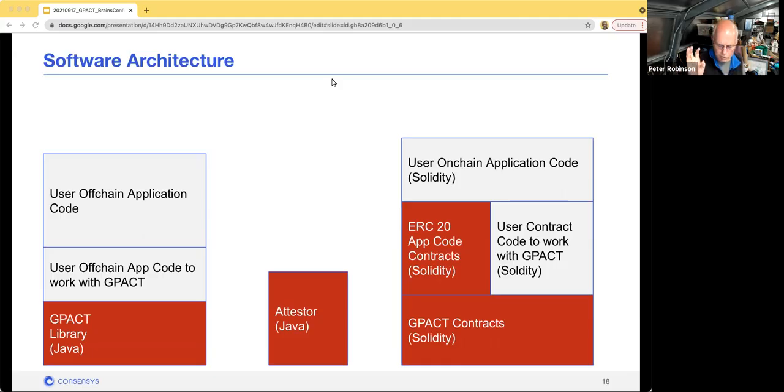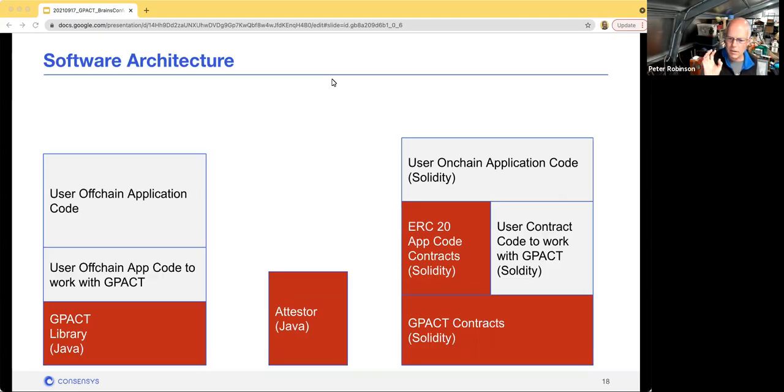We've also got those lockable storage contracts, which can be inherited by other contracts to make it easy to do lockable storage. And I've written some ERC20 application contracts. So for people who want to do lockable ERC20 for cross-chain, they just need to use those contracts.